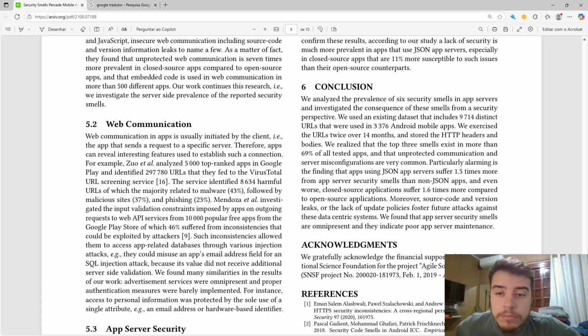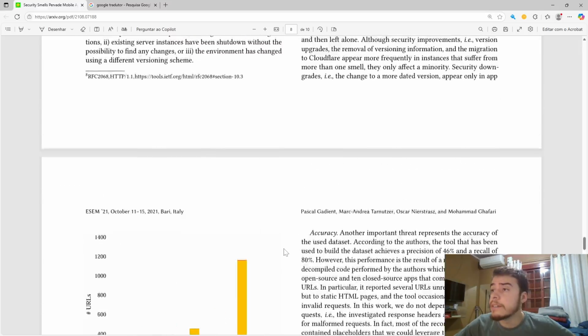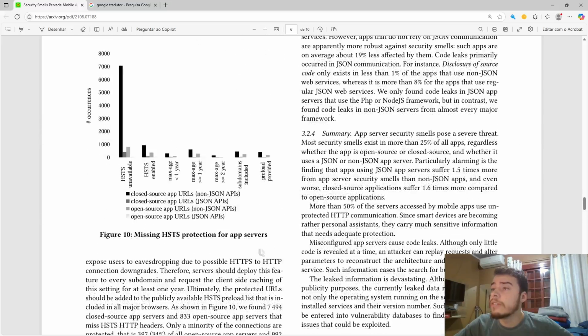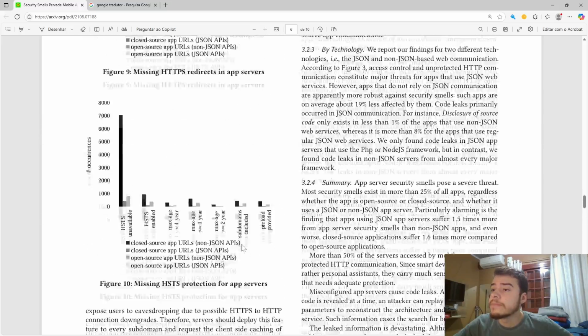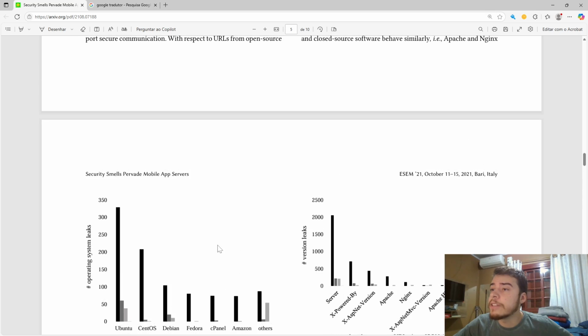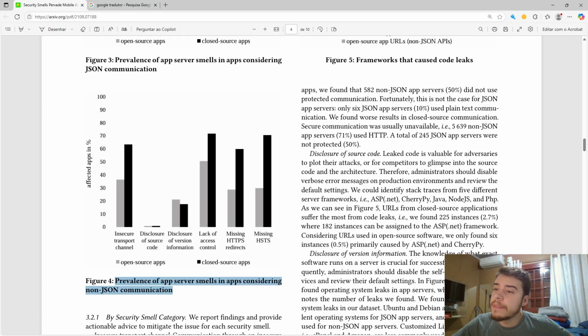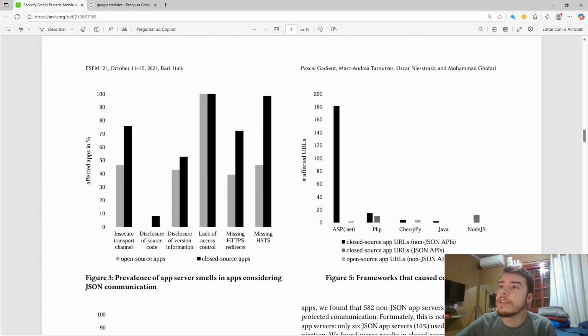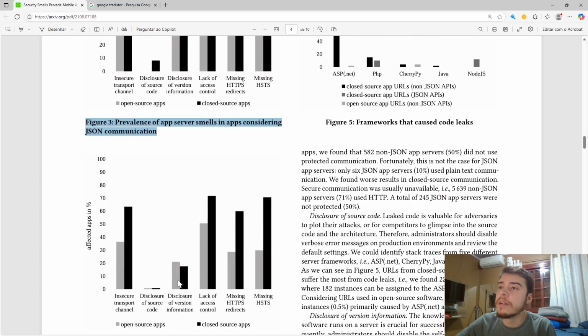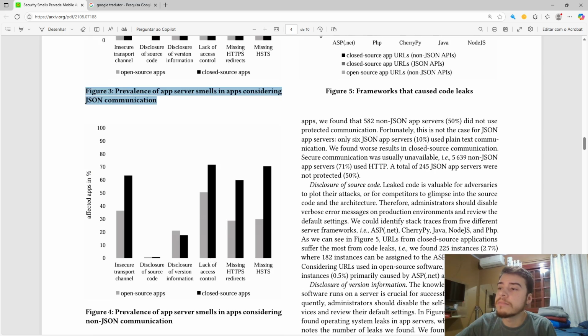Post a comment below about what you got from this paper, what you understood. I really thought it was very curious, these dashboards where we can see the prevalence of app server smells in apps considering non-JSON communication and JSON communication.